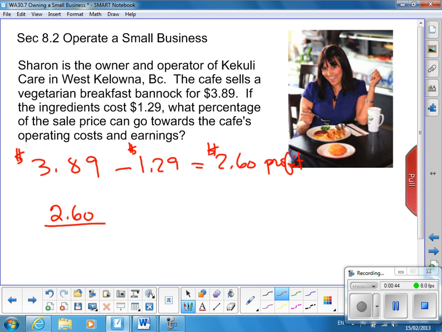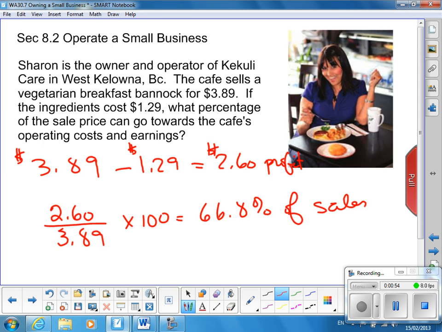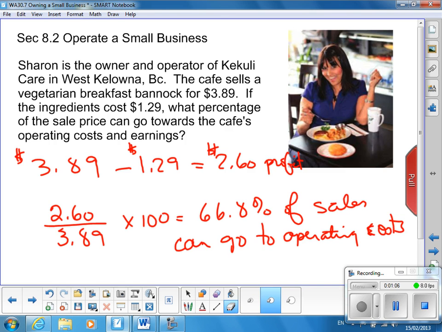Take the amount that's profit over the total times 100 equals 66.8% of sales can go to operating costs and earnings.